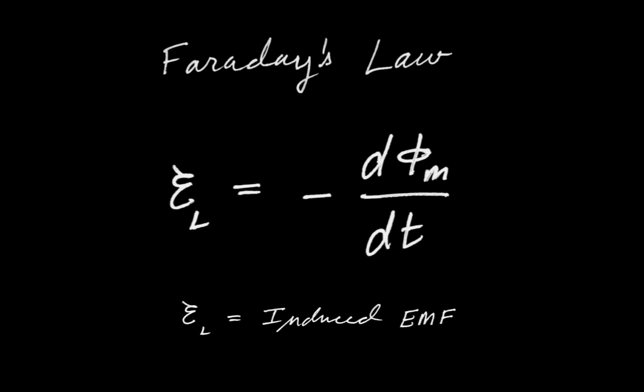That's still true. And so when I say that there's an EMF around a closed loop, that immediately implies that there is electric field in the vicinity of that closed loop. And that's a rather remarkable statement, because here we have, for the first time, magnetism being directly associated with the electrical effect.